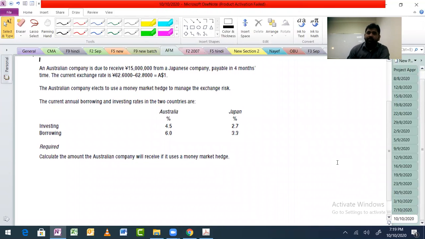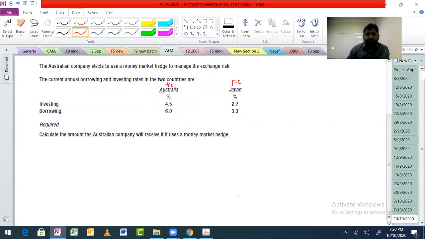What is the home currency? What is the foreign currency? An Australian company, so this is the home currency. It receives yen, so Japan is going to be the foreign currency. If we draw the diagram, it will be home currency, foreign currency: Australia, Japan.